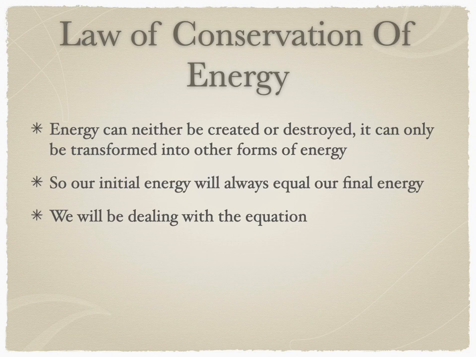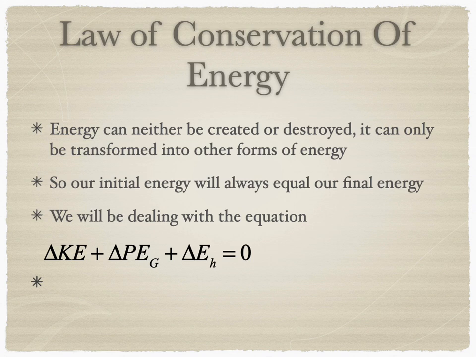So this brings us to the equation. Our change in kinetic energy plus change in potential energy due to gravity plus our change in thermal energy equals 0. So the amount of overall change in energy is 0. So the energy level in our system remains constant.